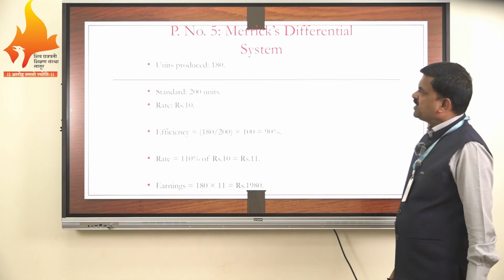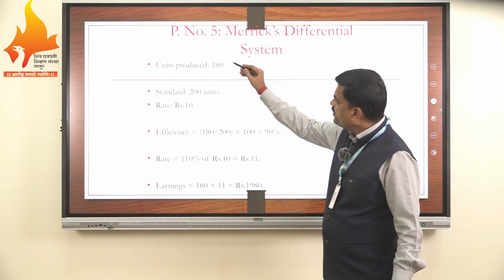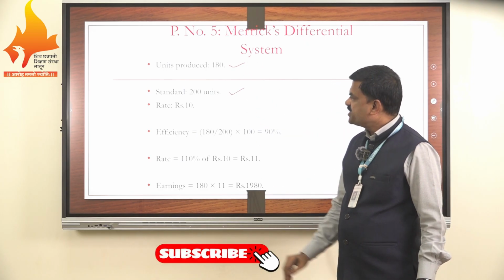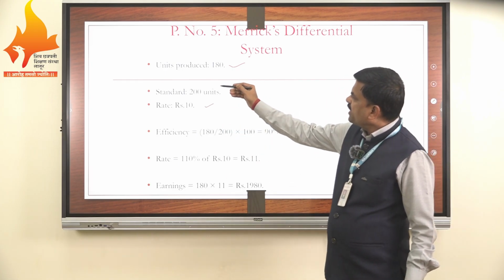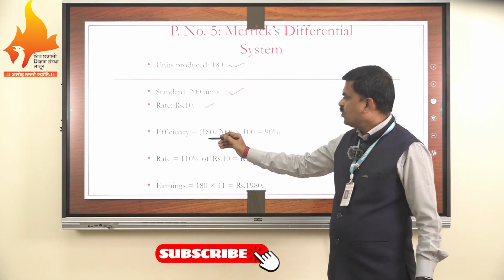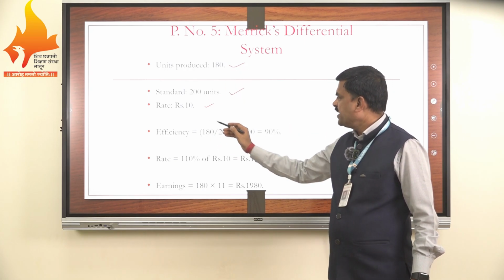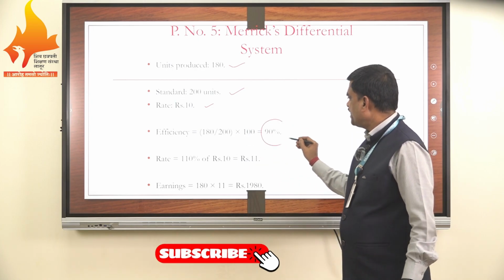Now Merrick's differential piece rate system. Let's take the example, friends. The example says units produced are 180, standard units are 200, rate is ₹10. Here the worker is below standard, so count his efficiency: 180, his output, divided by 200, the standard, into 100, his efficiency comes to 90%.